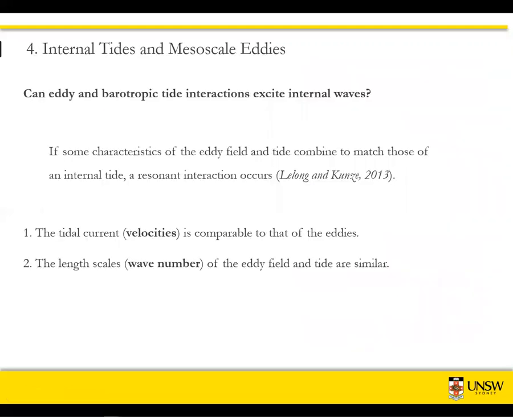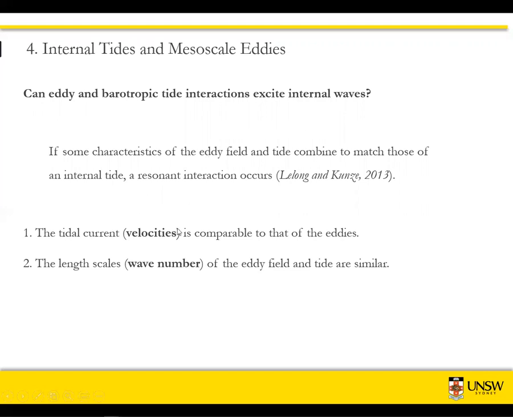Another mechanism that I analyzed was the influence of mesoscale eddies on the internal tide, because according to Lelong and Kunz, if the eddy has the same scales as the barotropic tide, they can interact. And the scales are basically similar velocities.